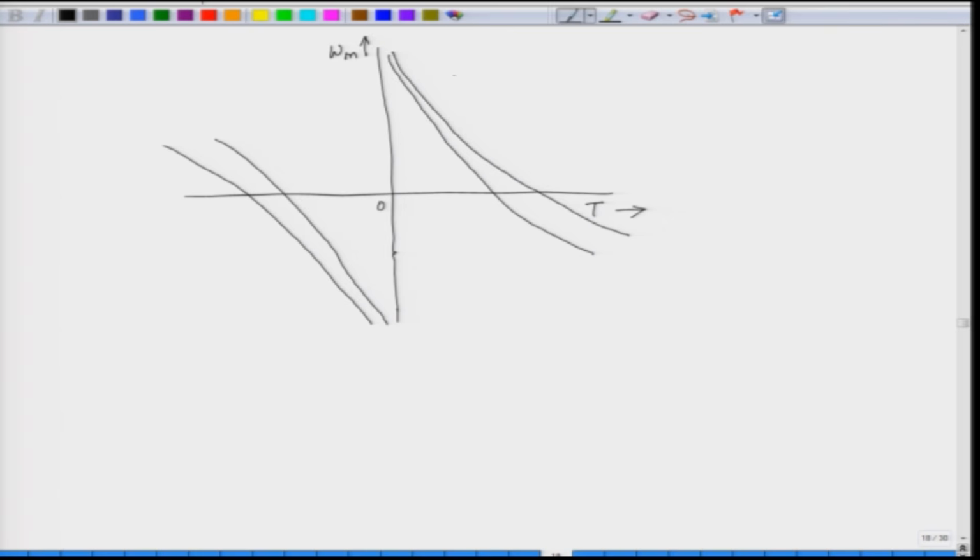So, this part is forward motoring, and this part is forward plugging. Similarly, this part here is reverse motoring, and the part which is in the fourth quadrant is reverse plugging.